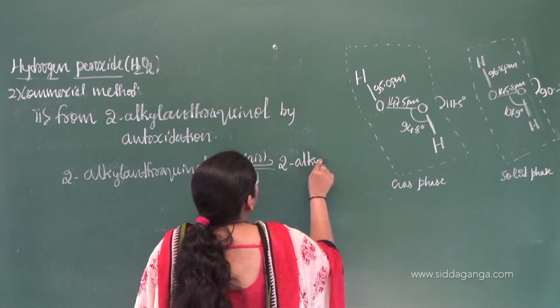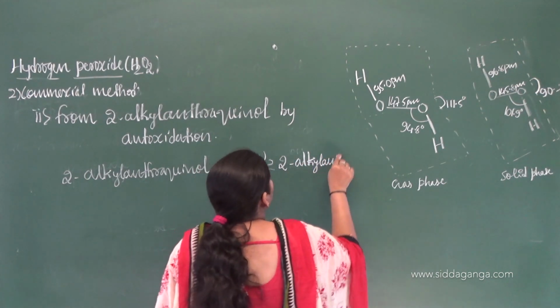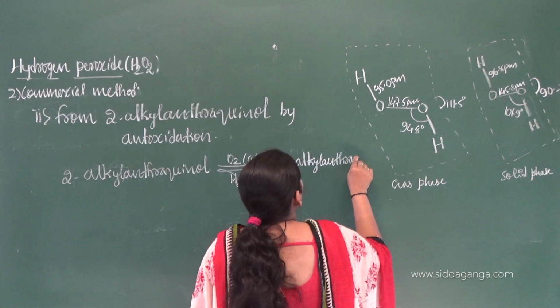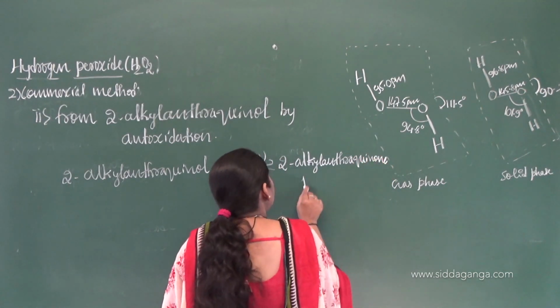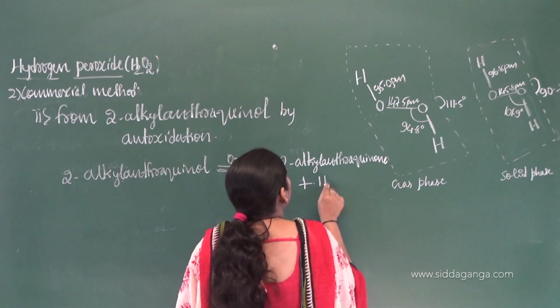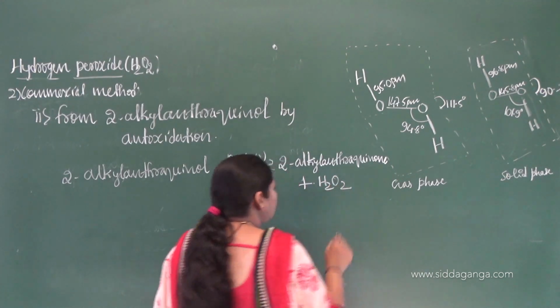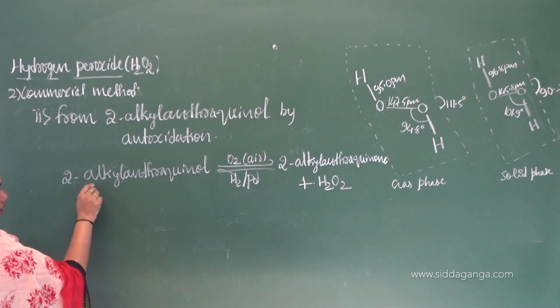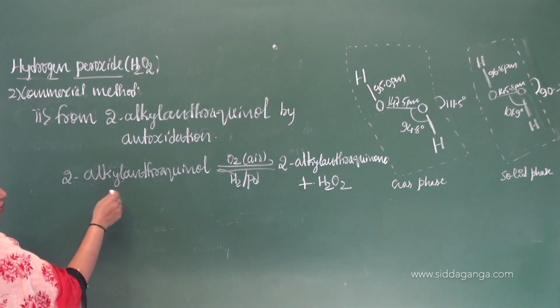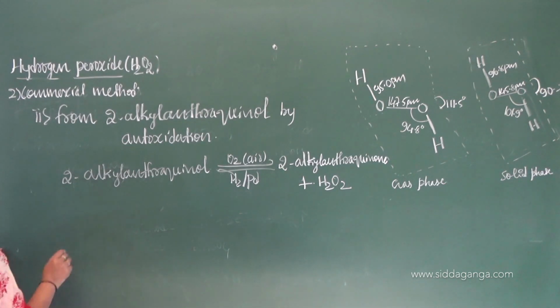2-alkyl anthraquinone, which is the oxidized product. Along with that, there is a formation of hydrogen peroxide. Let me write the reaction. For example, I can take 2-alkyl anthraquinol, which means we can have 2-ethyl anthraquinol.